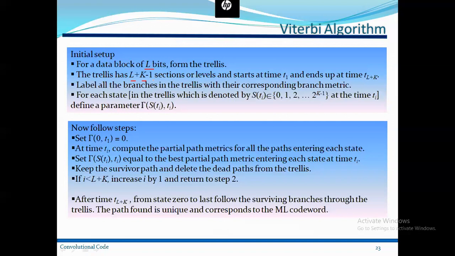So the number of branches, or the number of branch words, is L plus K minus 1. That is, if K is 3 and L is 3, that is 5. And it goes from time T1 to time T6.